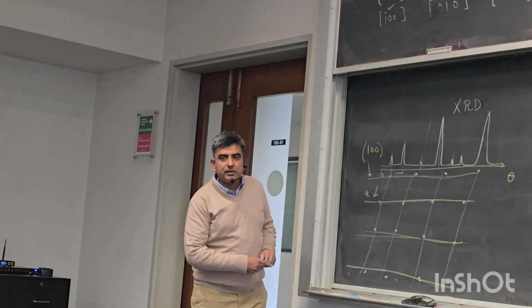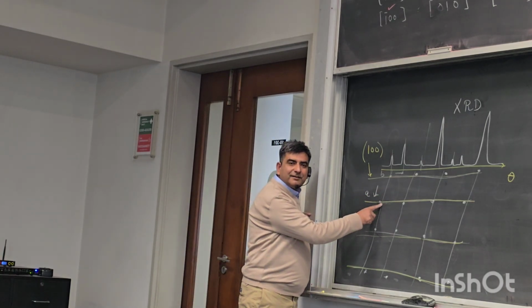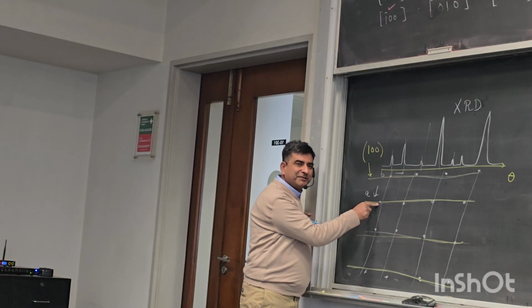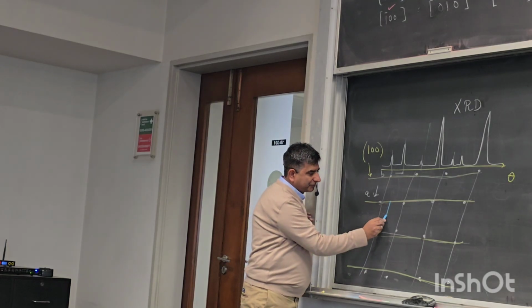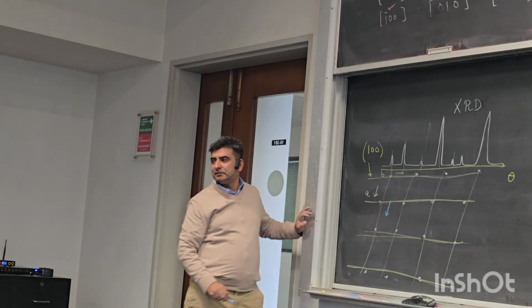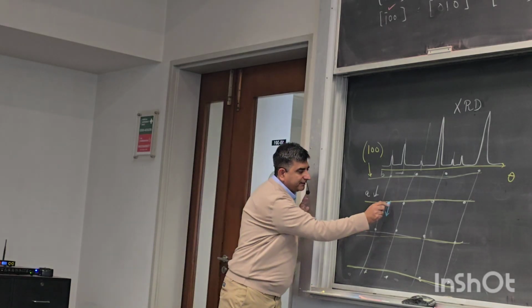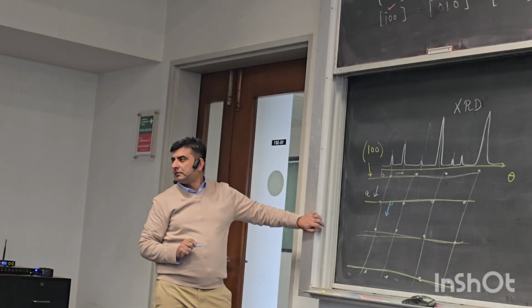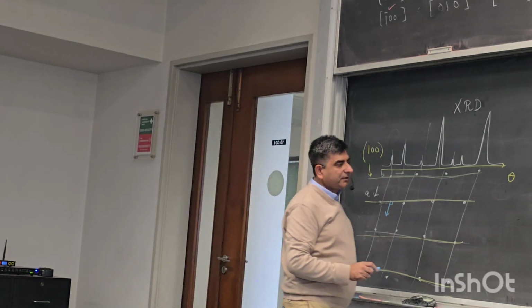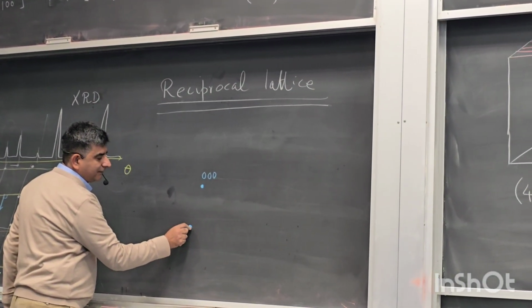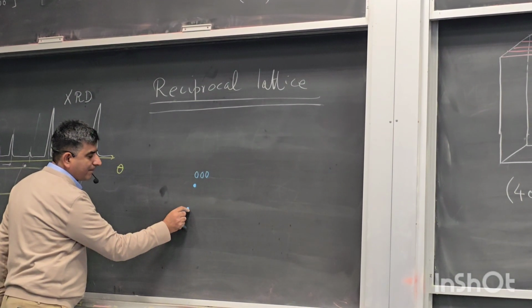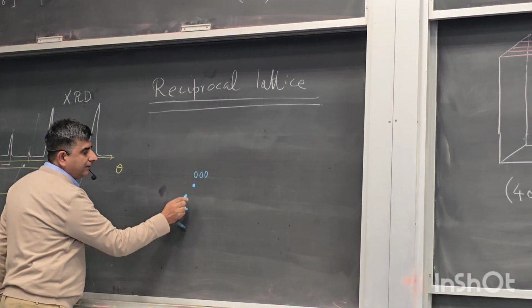I draw a vector, a direction that is normal to these planes. That vector, of course, is going to point in this direction. This is 90 degrees. So starting from the origin, I draw a point along this vector.